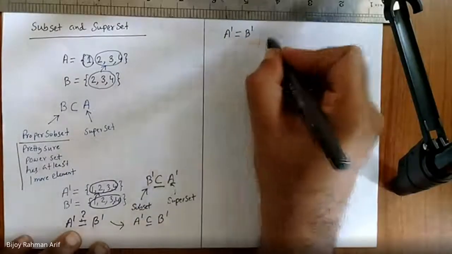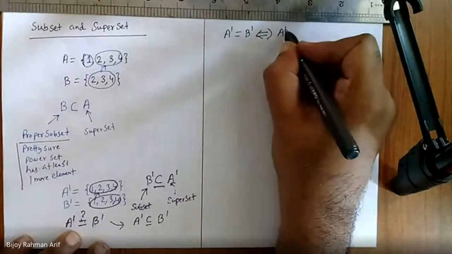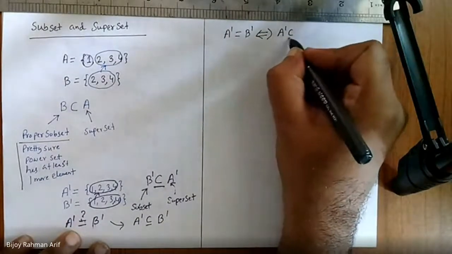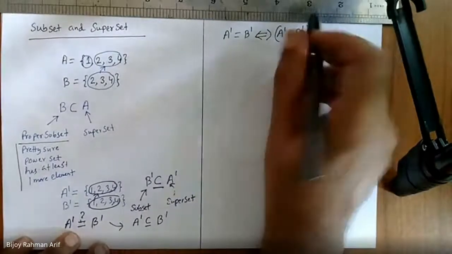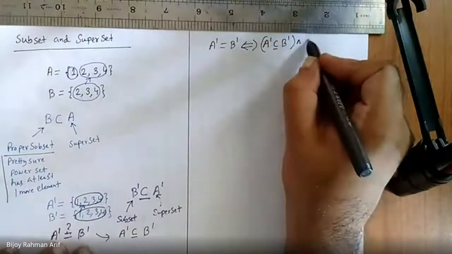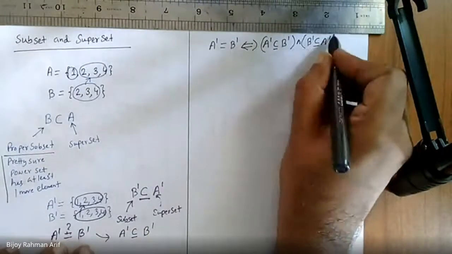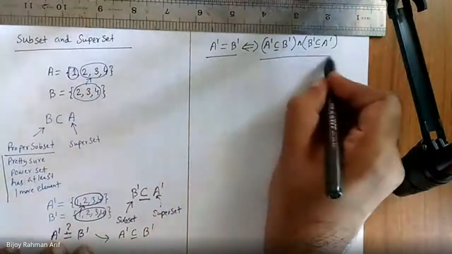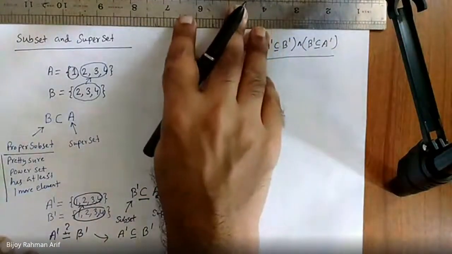A dash equal to B dash can also equivalently be written as A dash is a subset or equal of B dash, and B dash is a subset or equal of A dash. These two expressions are equivalent only in the case when A dash and B dash are the same.